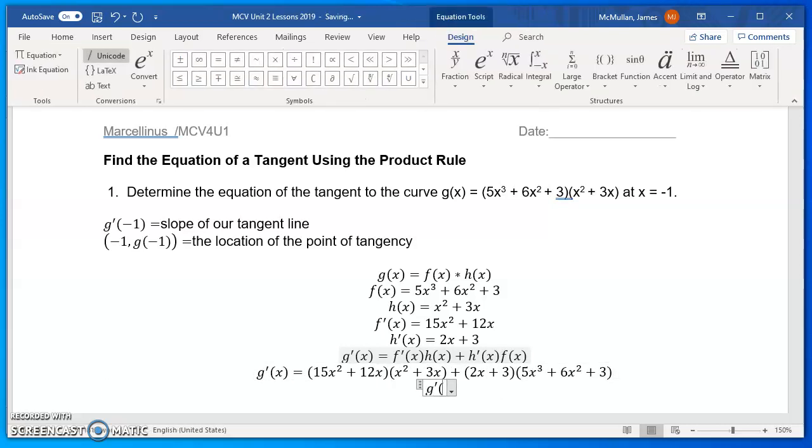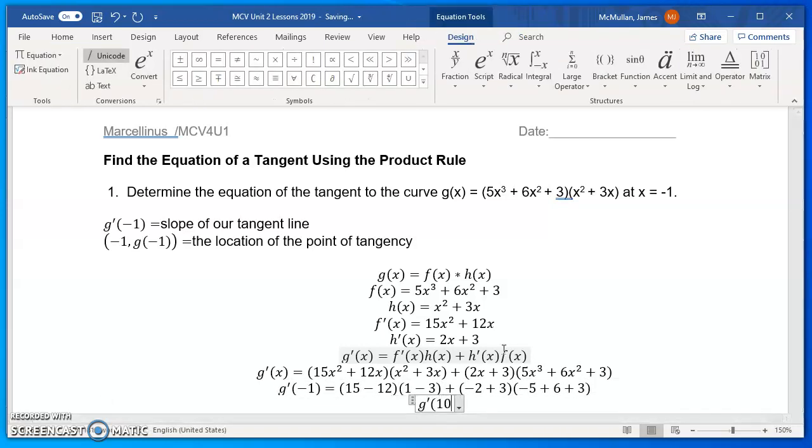Now, when I go to evaluate g prime of minus 1, I have to put in negative 1 into this bracket, so let's do that. I would get 15 minus 12 in the first bracket. In the second bracket, I would get 1 minus 3. In the third bracket, I would get negative 2 plus 3. And in the final bracket, I would get negative 5 plus 6 plus 3.